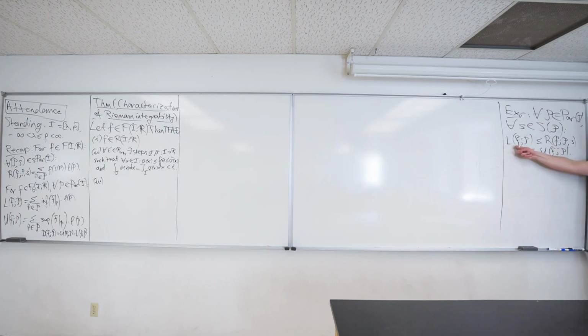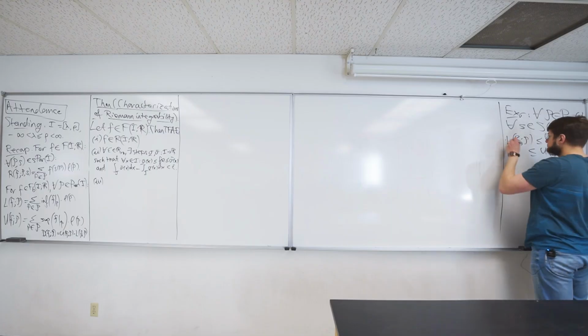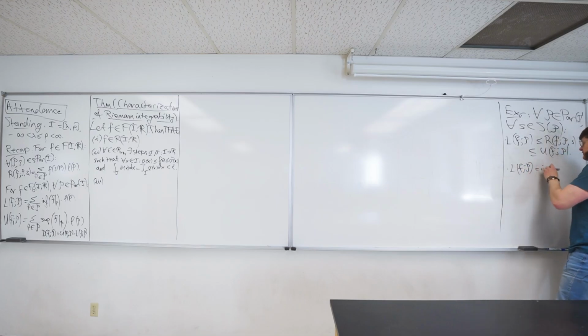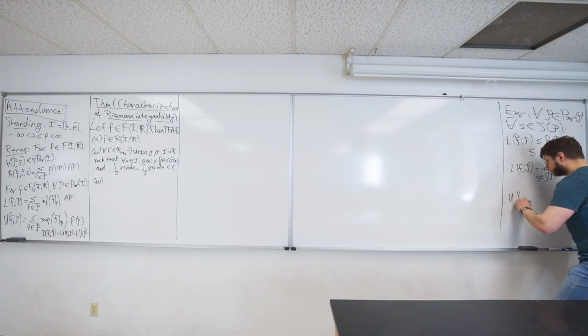Because in a sense, L is the minimum possible Riemann sum you could get, kind of. It's not the minimum possible, but the infimum possible, if you want. And likewise, U is the maximum possible. And in fact, you can approximate this using Riemann sums in the sense that L of P is the inf of all Riemann sums, where S is a sampling function adapted to P. And likewise, U is a sup.